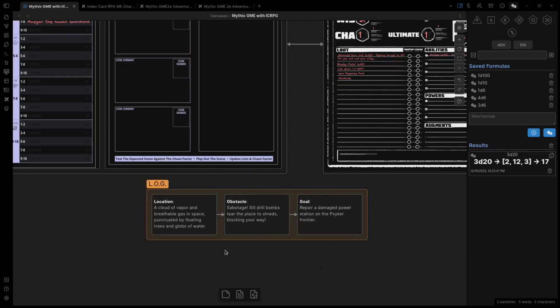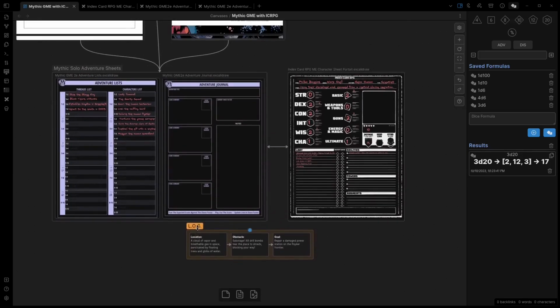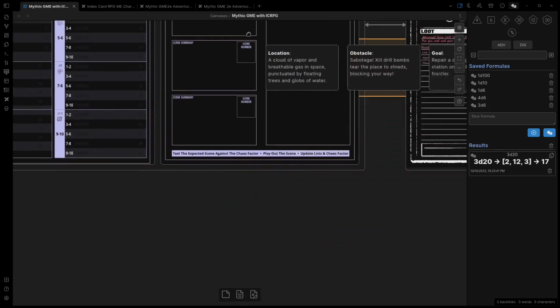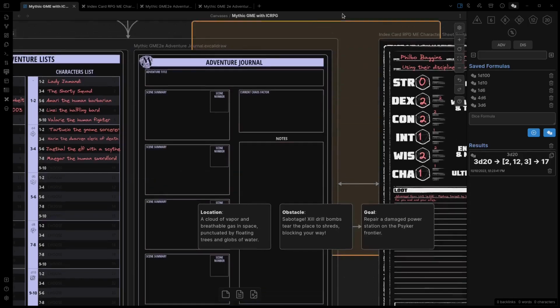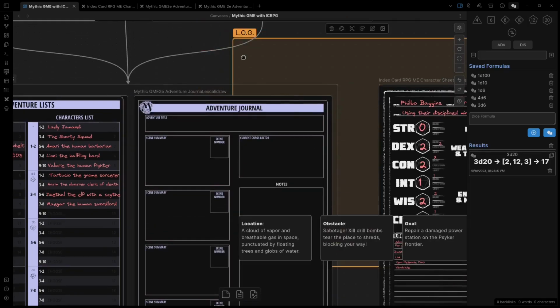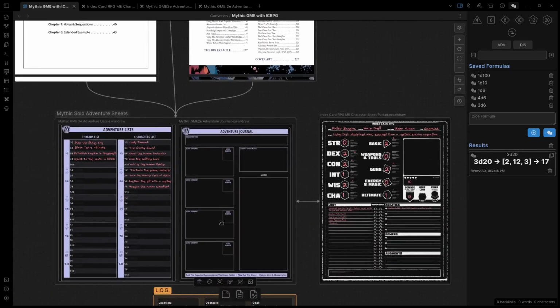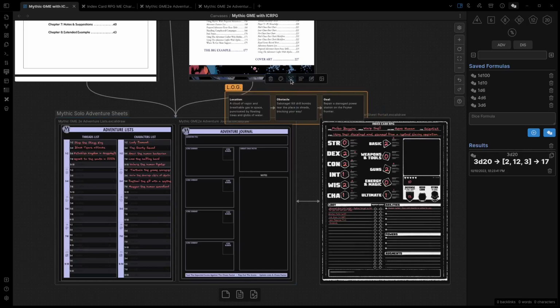We'll color it orange because orange is a nice fancy color. Shoot, I messed up. Let's move this back. Yep. There we go.